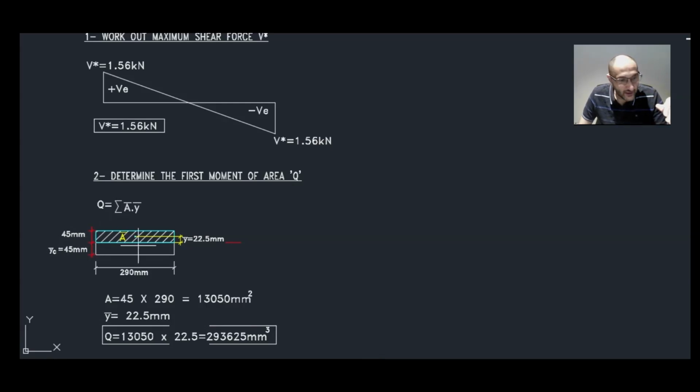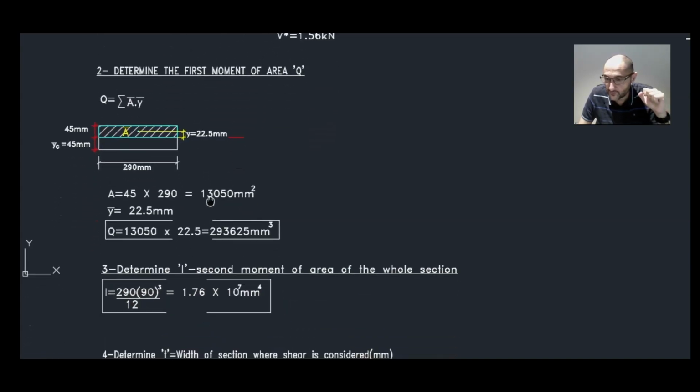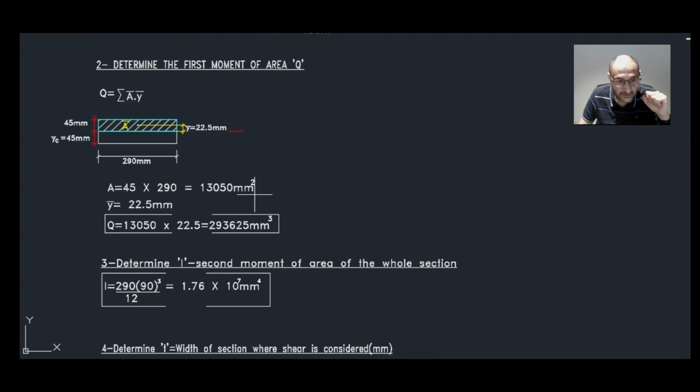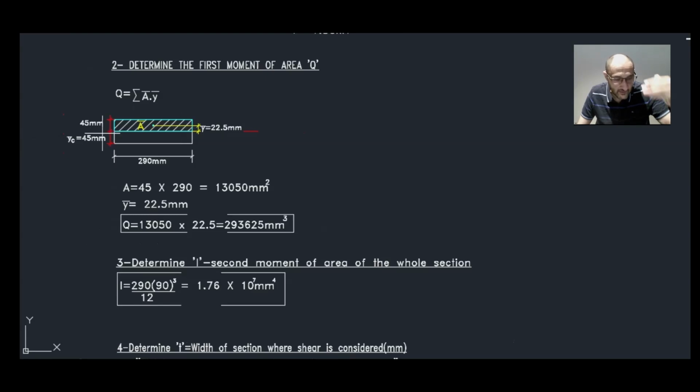So we need to find the shear stress at this interface here. Therefore, A bar is 45 multiplied by 290, and that's 13050 millimeters squared. And Y bar is the distance from the centroid of that hatched area that we need to the geometrical centroid of the whole section.